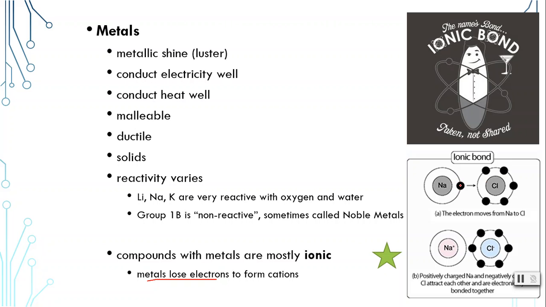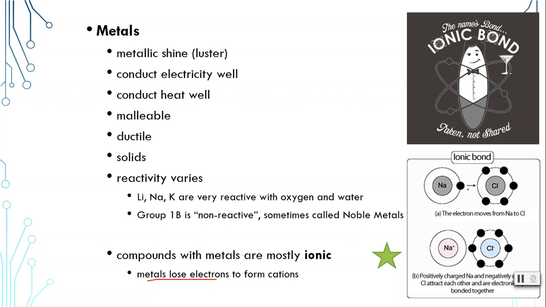Now, why there's 1 here for sodium and 2, 4, 5 here for chlorine, we'll talk about later. This cartoon is just to illustrate that when forming an ionic bond, the metal, in this case the sodium, completely donates that electron to the other atom, to the nonmetal.